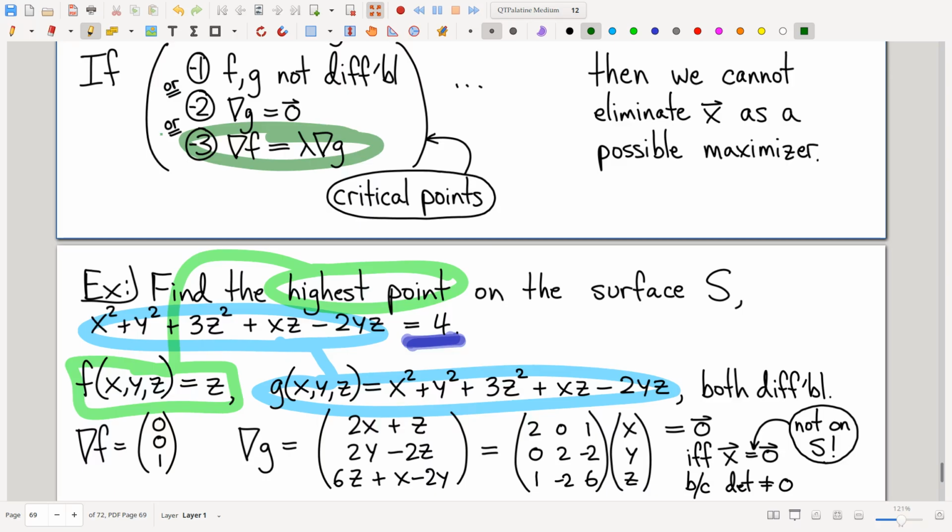I don't know why they have to call it a multiplier. But they use lambda because lambda starts with an L, as does Lagrange. And this is the Lagrange multiplier method. So Lagrange was the originator. And so, anyway, that's why I like to call this the Lagrange condition.